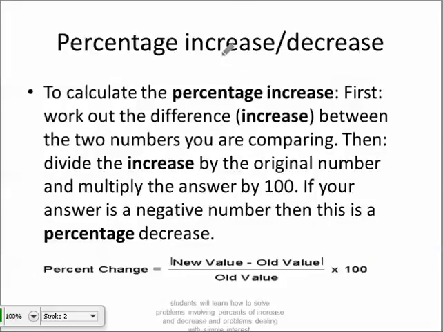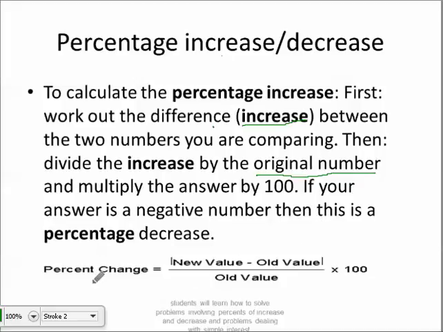A percent increase or decrease is found the same exact way. You have to know whether it's increasing or decreasing. And what you do is you take the difference to find how much it was increasing or decreasing between the two numbers, and then divide it by the original number. Then you multiply by 100 to get your percentage, okay?